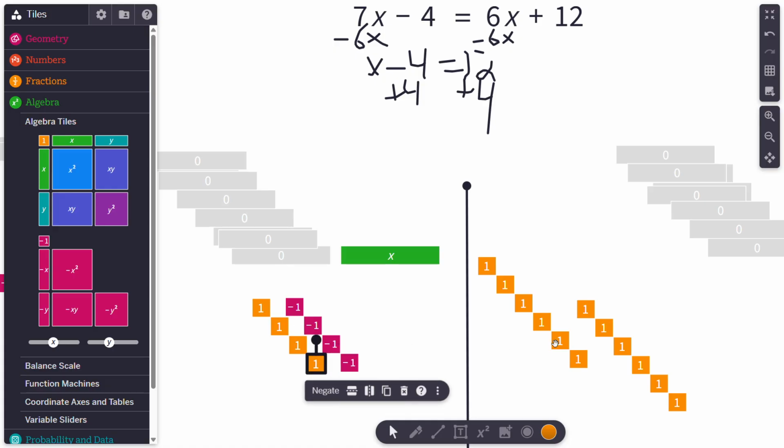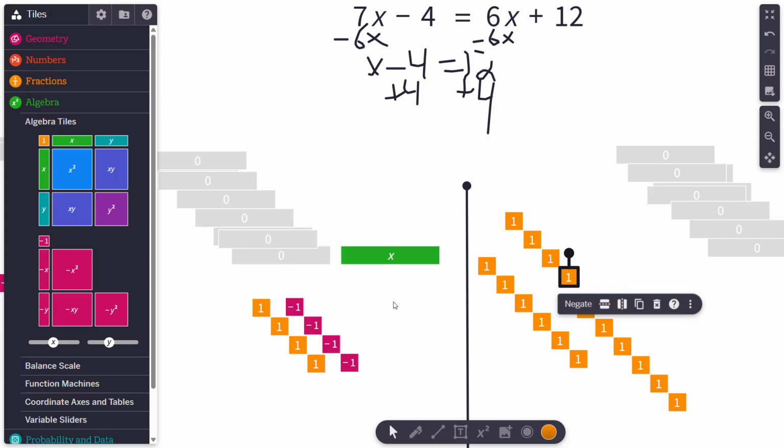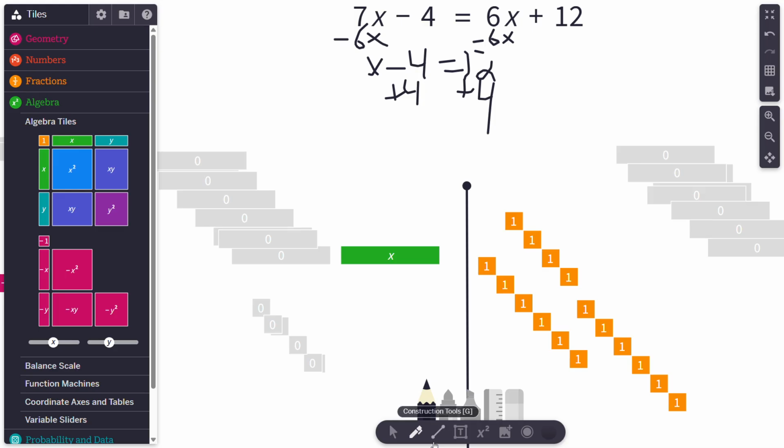And we are going to end up, so then now our 0 pairs are here. No 0 pairs there. We are left with an answer of x equals 16.